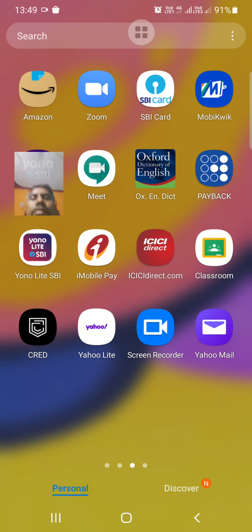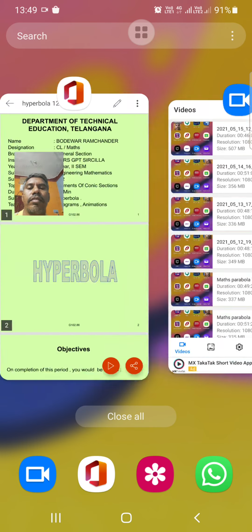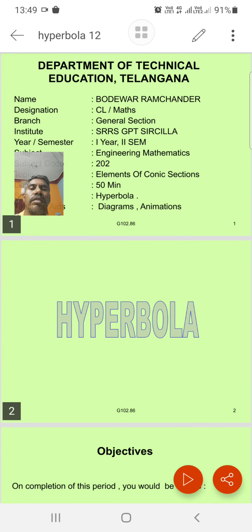Now in this class we will learn another conic section, that is hyperbola. So our chapter name is Hyperbola.